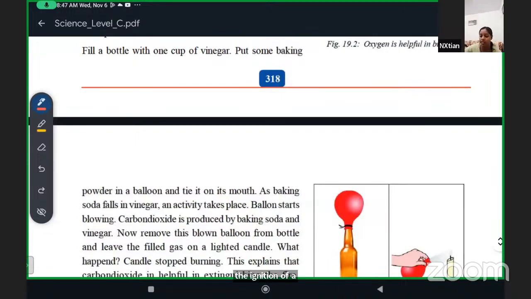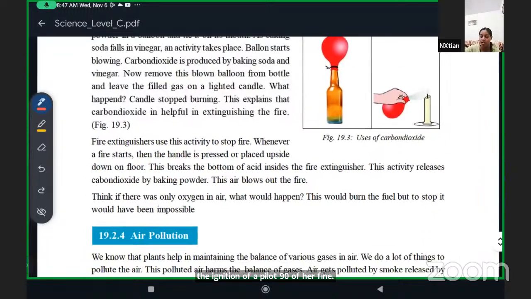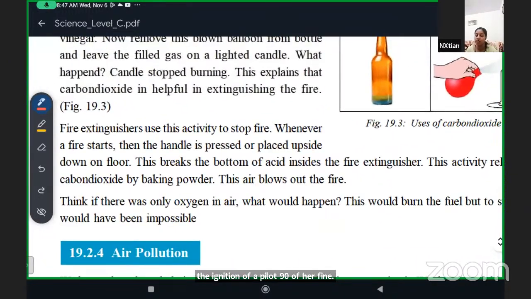Now, this is an activity, you can read it. Fire extinguishers, we know that they supply the CO2, the carbon dioxide, to extinguish the fire, right?